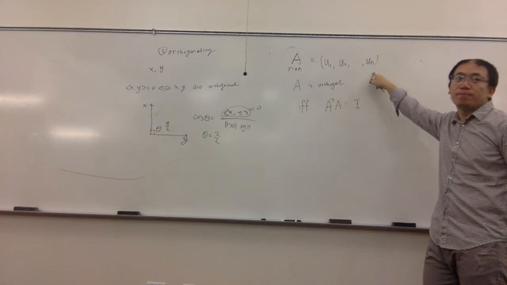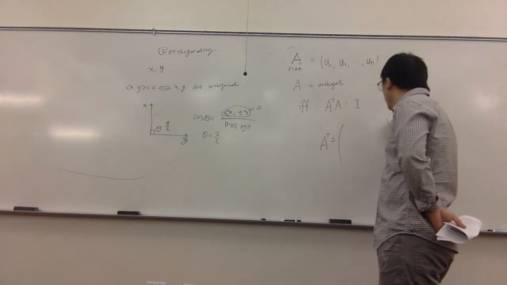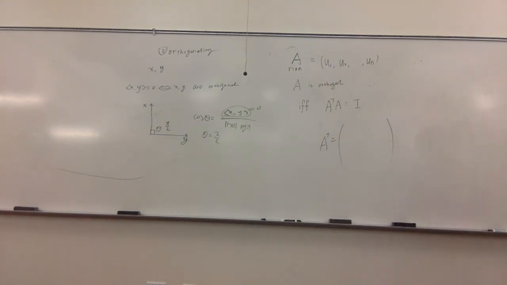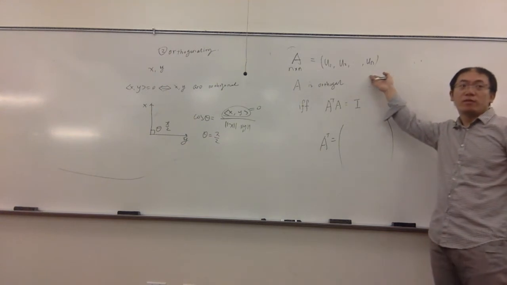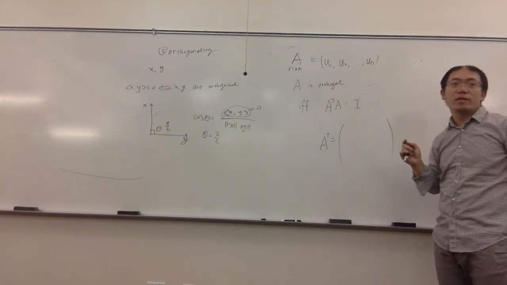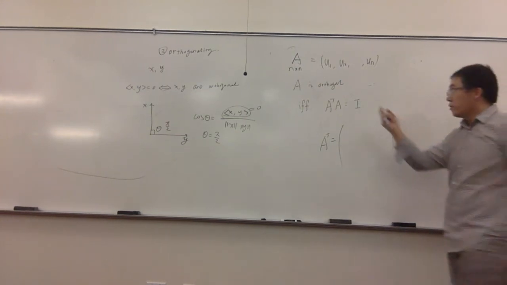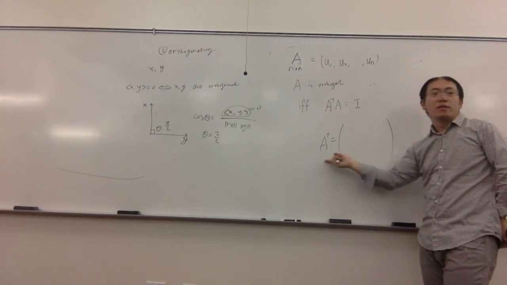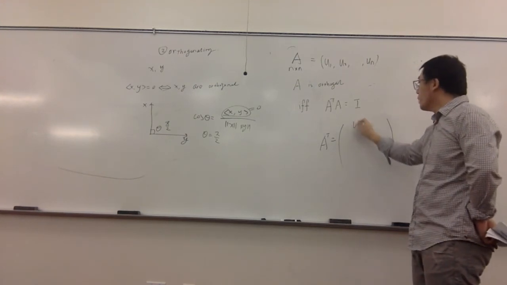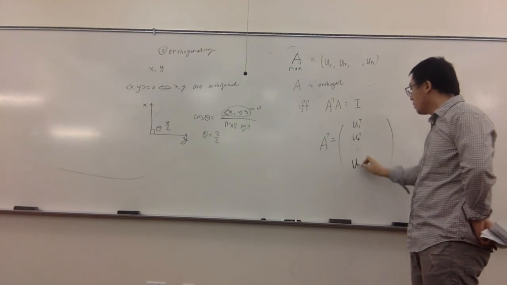And then, what is A transpose? You just stack the column vectors as rows, and you end up with A transpose. The first row will be u1 transpose, the second row will be u2 transpose, and the last row will be un transpose.